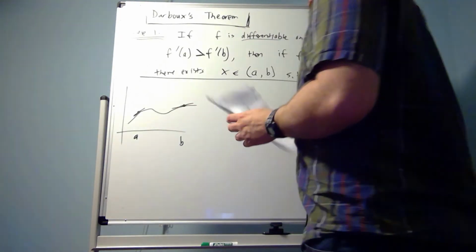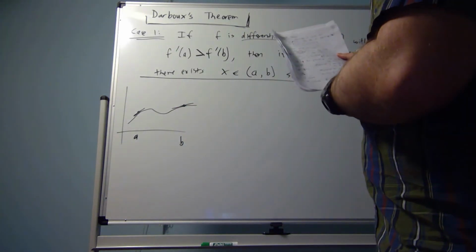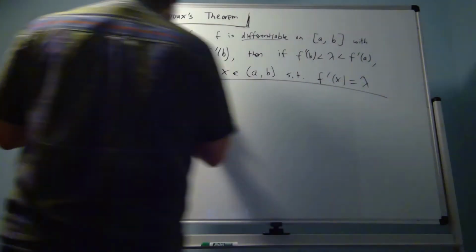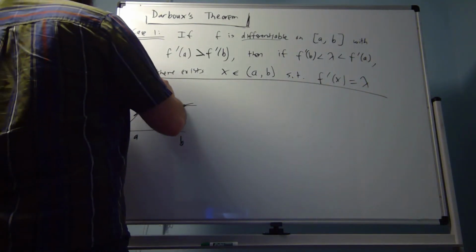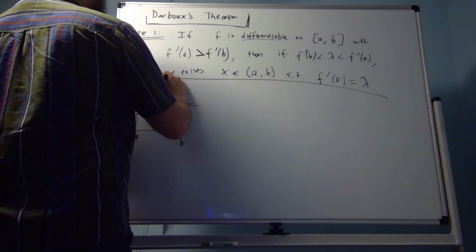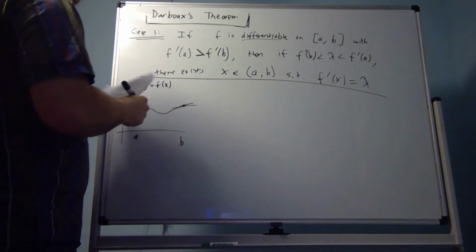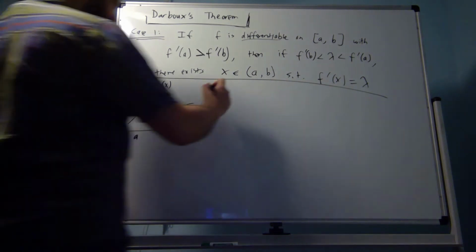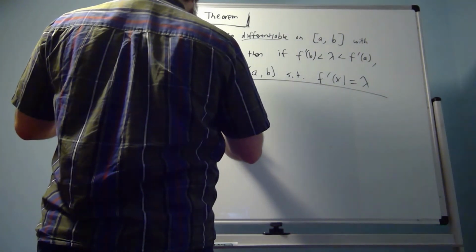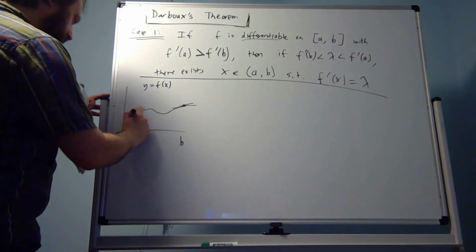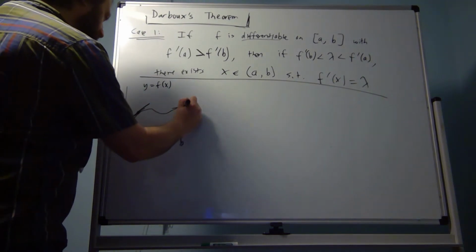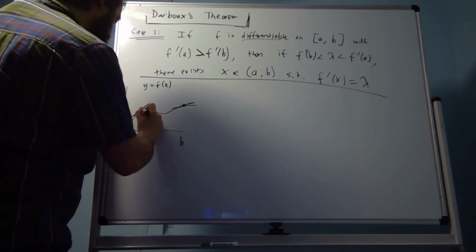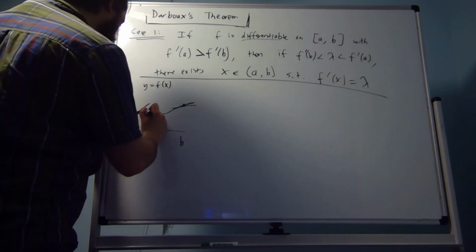I think strict inequality is the way this is usually stated. Okay, so let's do the proof. Let's call this f of x. f prime of A, we've got f prime of B, and then we have some intermediate slope lambda that's in between the two slopes.